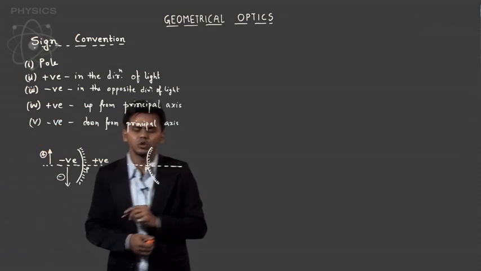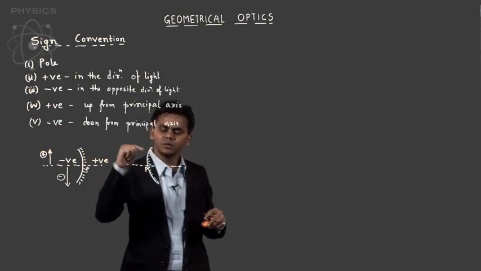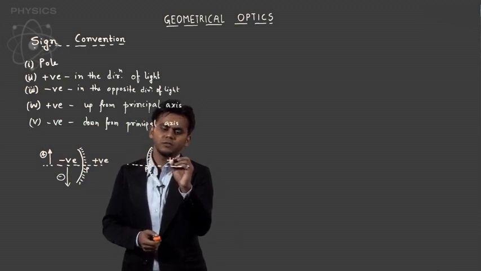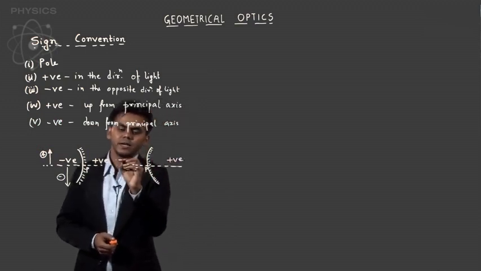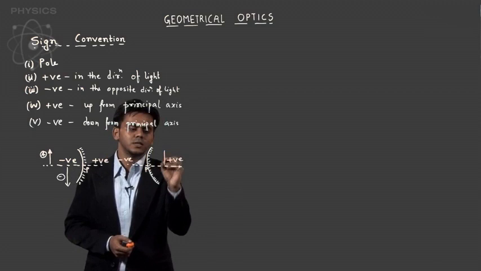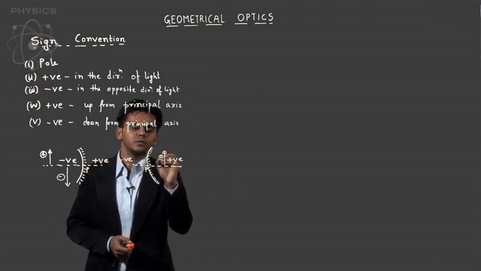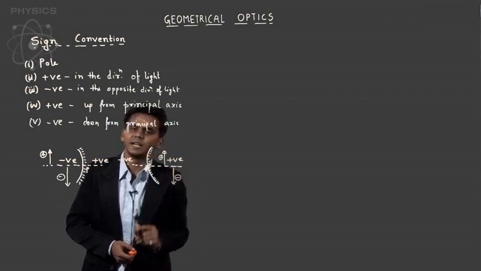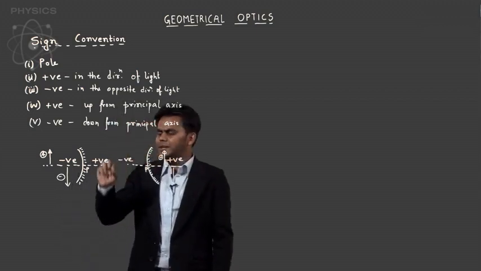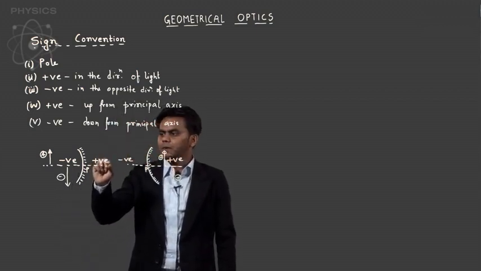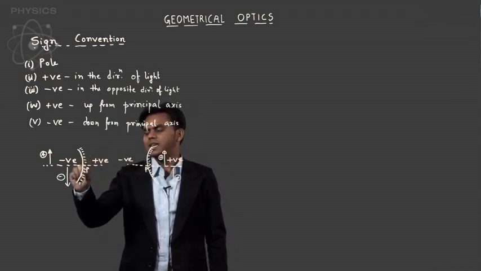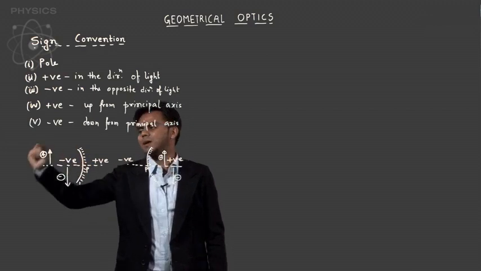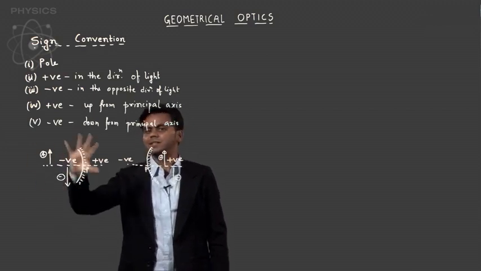Again, in this situation also, light has to travel this way. So measurement from the pole in this side is positive, negative, this again is your positive, and this is your negative. I know that the radius of curvature in the case of a concave mirror would be measured on this side, because this is part of a sphere which is like this.